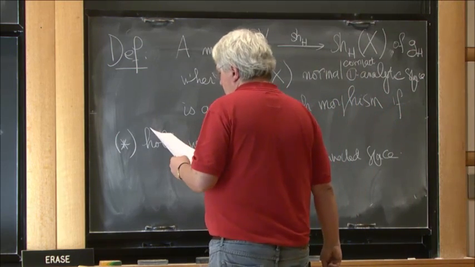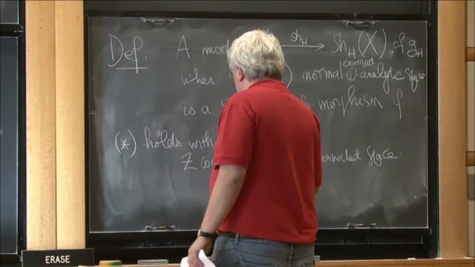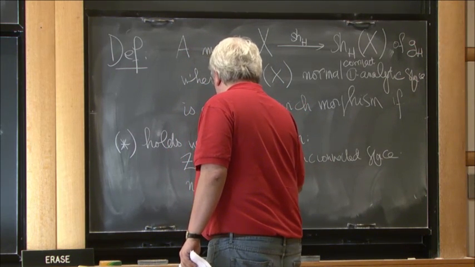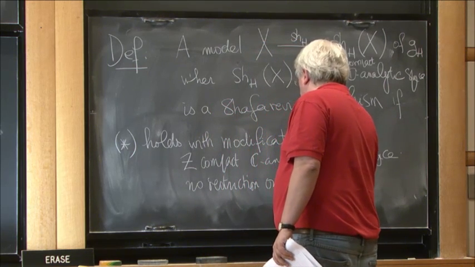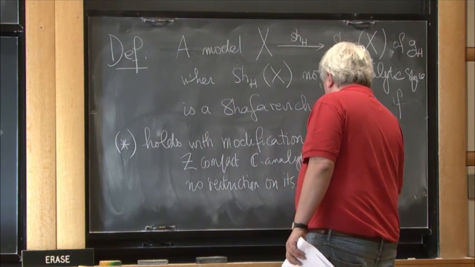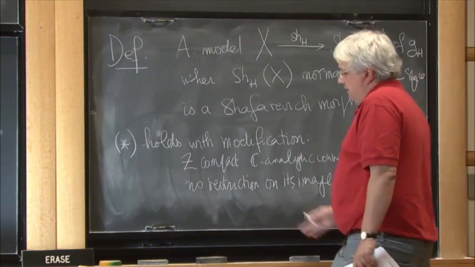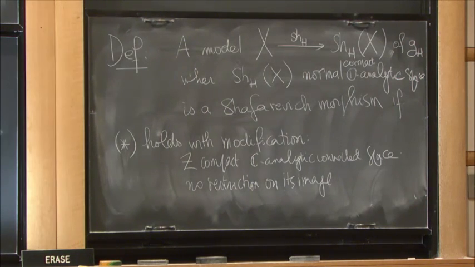And no restriction on its image. So Z can take values in the very special points.